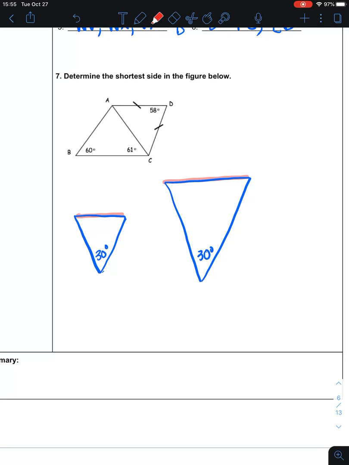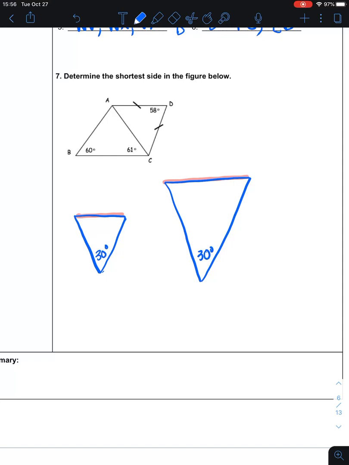And so we have to keep in mind that the lengths of the other sides do have an impact on the actual length of that third side. But we just are looking at the triangles when they're drawn and comparing which one is longer and which one is shorter.